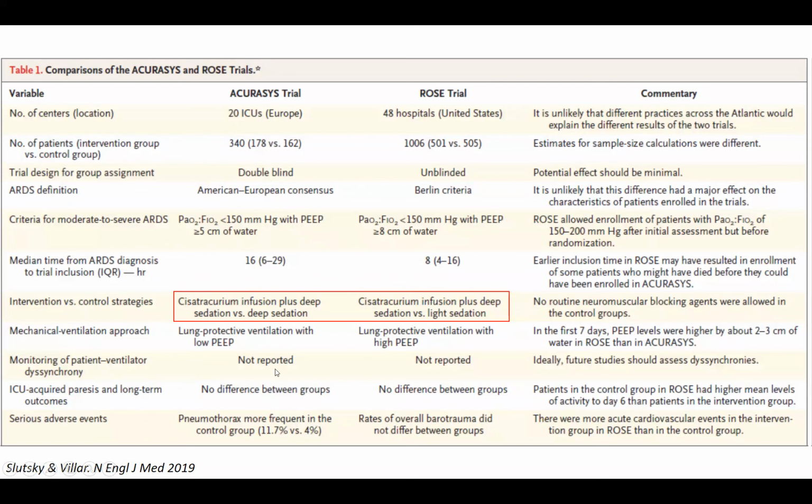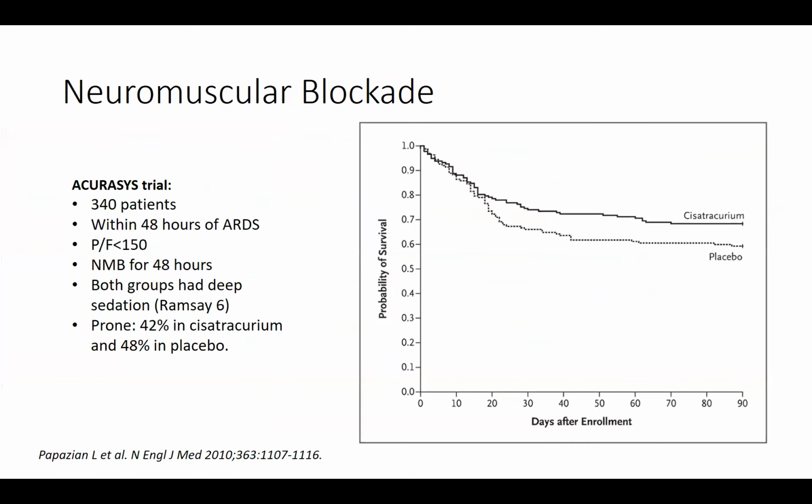We talked about sedation, and we talked about the fact that they proned many people in the ACURASYS trial, very few in the ROSE trial. So maybe you realize the benefit of neuromuscular blockade if you prone patients. It's possible.